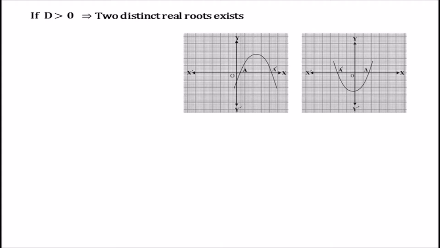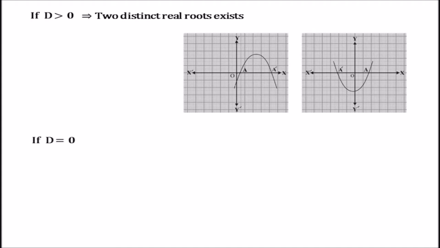Geometrically we can represent this situation like this: the curve for the quadratic equation intersects the x-axis in a Cartesian plane at two different points, A and A dash. Now, this is only meant for sample representation, so we can have different types of curves for different quadratic equations.